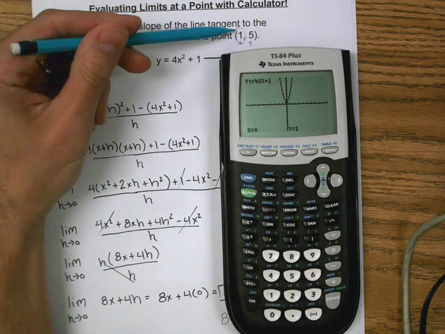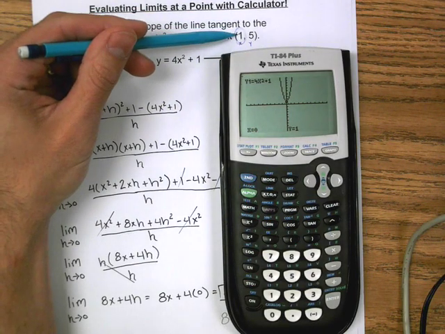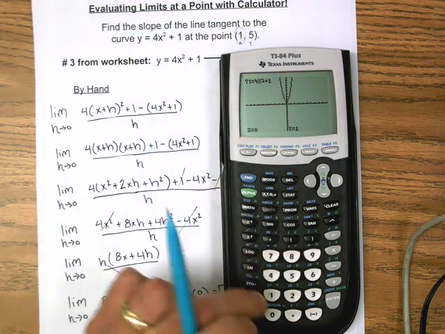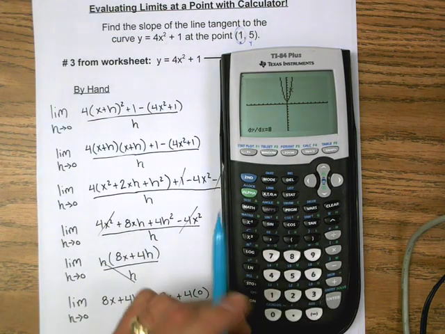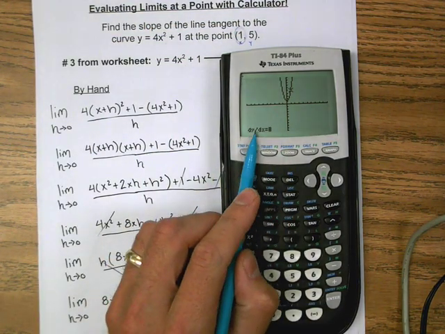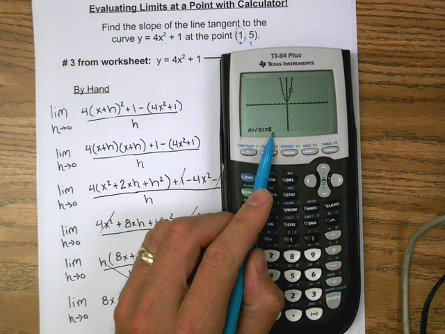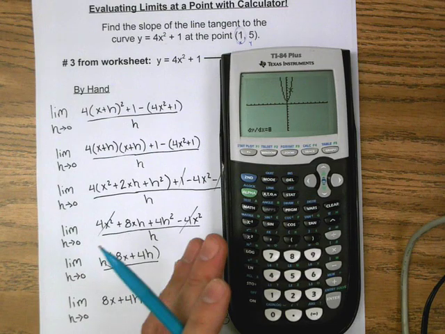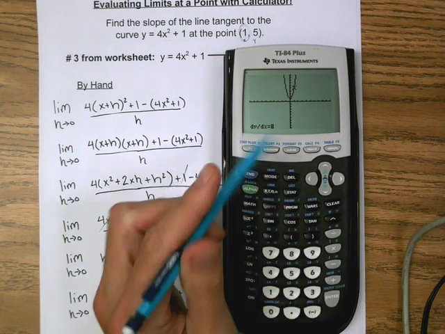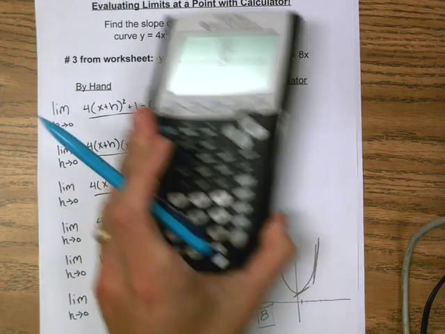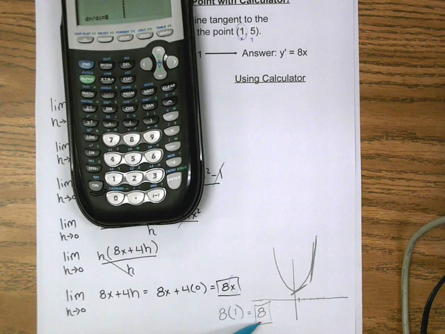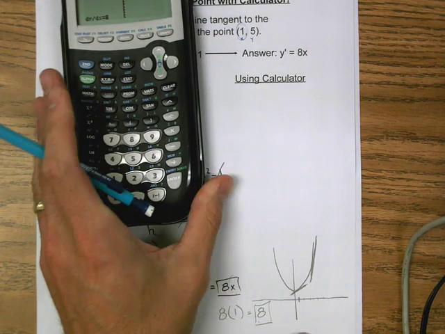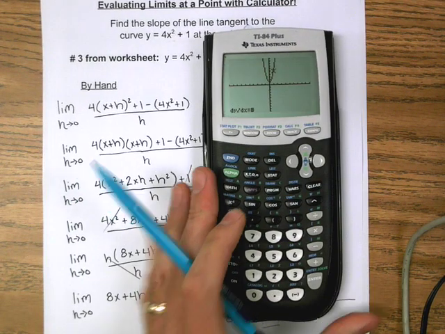In our case, we want to evaluate our derivative when x is 1. So I type in 1, hit enter, and our derivative dy/dx is equal to 8. I know it's hard to see unless you zoom in, but this is an 8. Compared to the handwork, it's 8, so it matches.